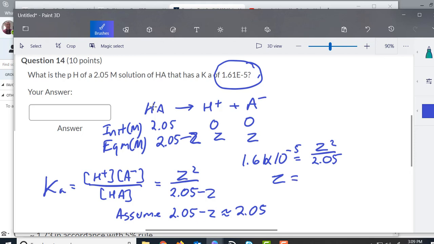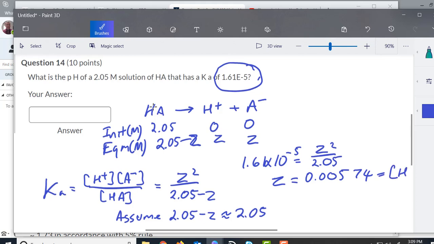I can now solve for Z. The way I do that is I take the 1.61 times 10 to the negative 5, multiply it by 2.05, and then take the square root of that result, and I end up getting 0.00574 as my value for Z. Now Z happens to equal the concentration of H plus. And I know that because there it is there.